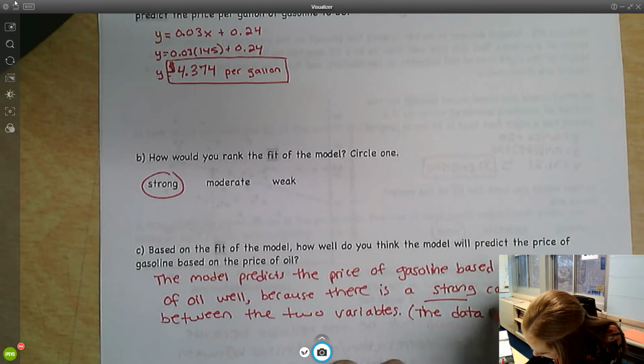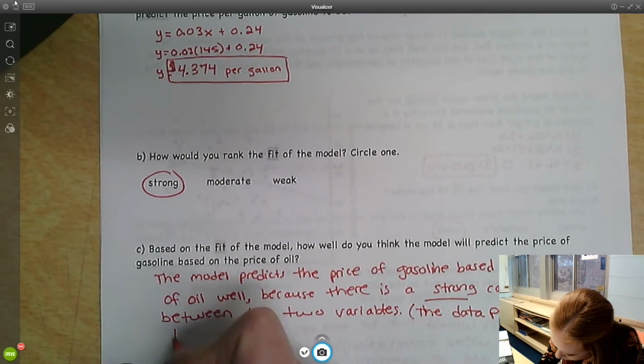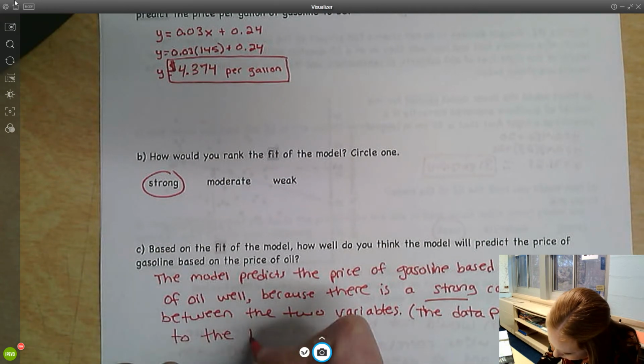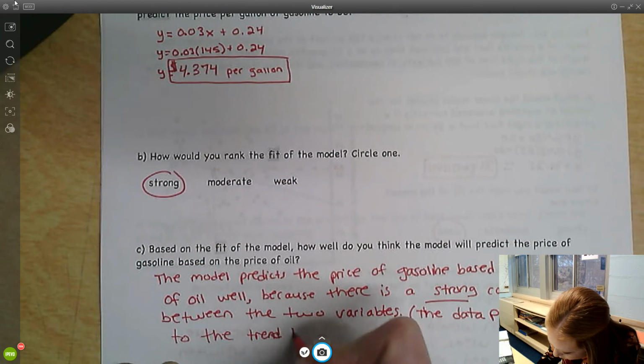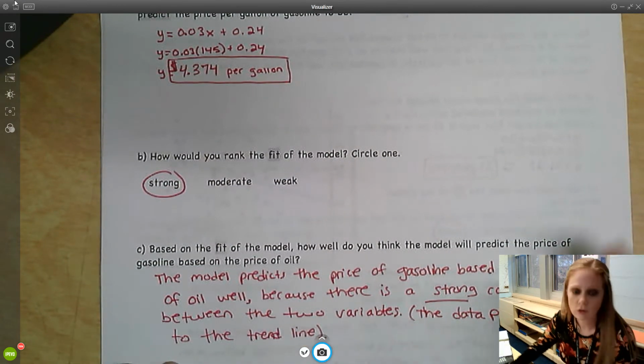The data points are close to the line of best fit. We'll just say trend line. It's shorter. Alrighty.